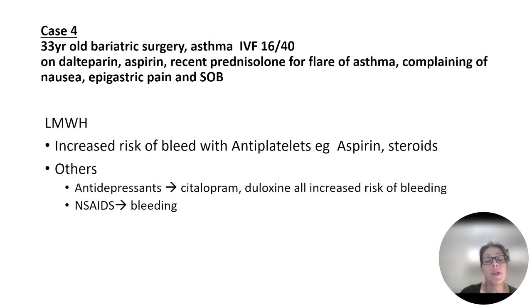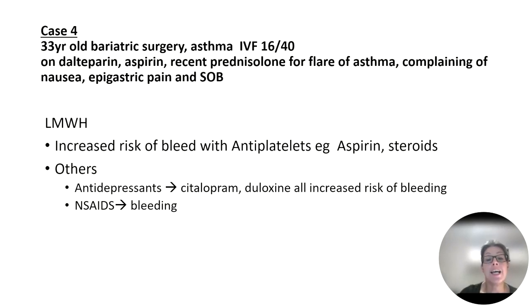The fourth case is of a lady who I've seen not so long ago. This was a bariatric lady who had asthma, had her bariatric surgery and IVF at another country. She was started at the beginning of her pregnancy on dalteparin due to her having a high risk for DVT, as well as aspirin for her high risk of preterm preeclampsia.